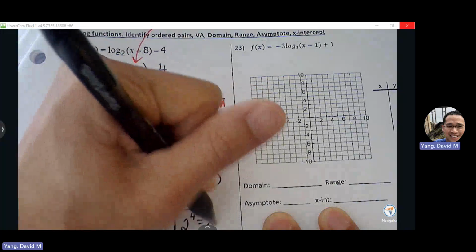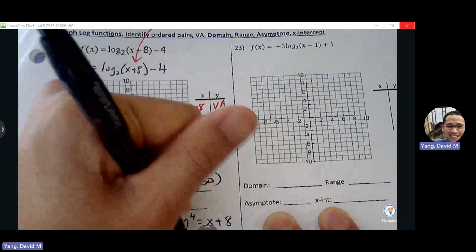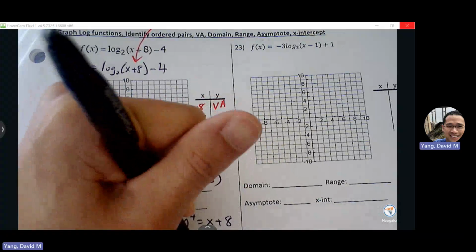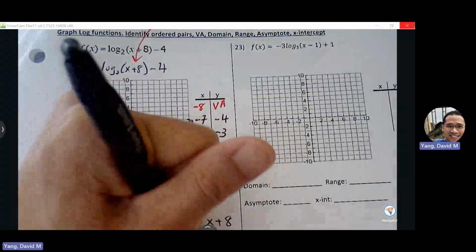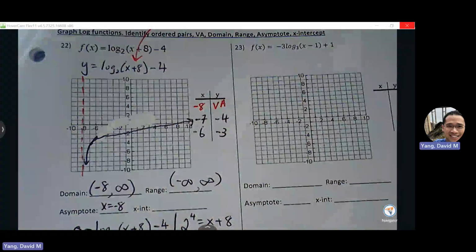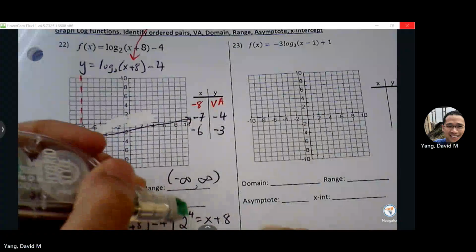Would it also be possible to just plug the log equation into our calculator and then find a y value that way? You can, but I want to see your work. Yeah, just to double check, that's fine.